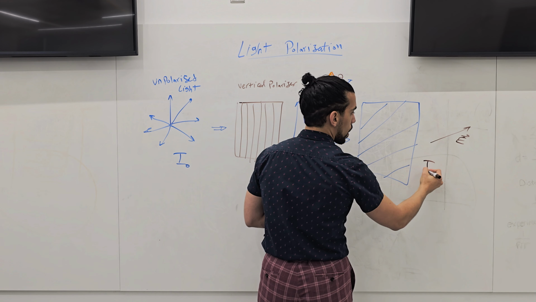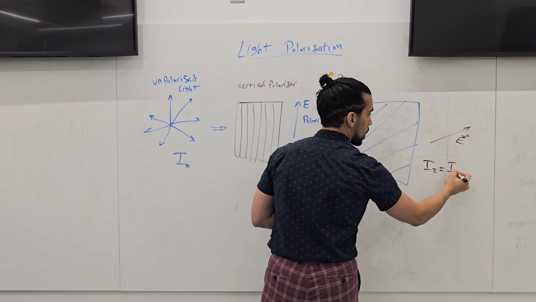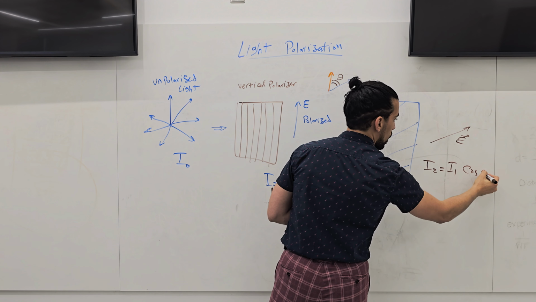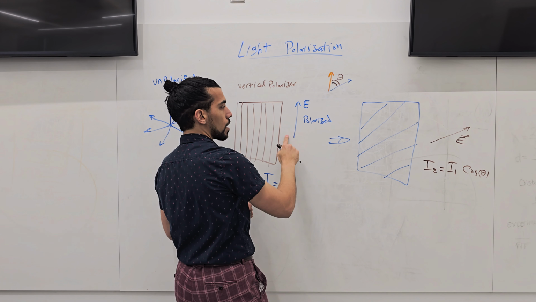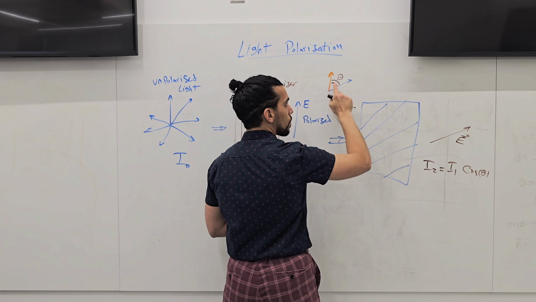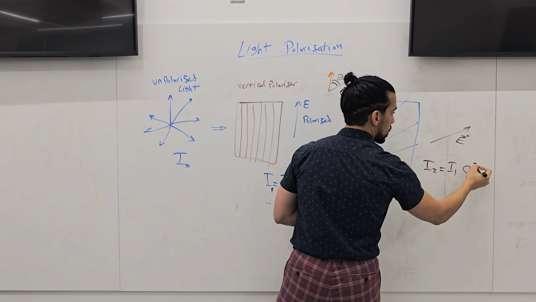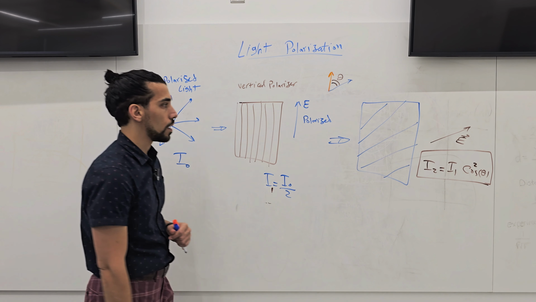So here I2 with this angle is going to be equal to I1 cosine theta, the angle between the polarized light here and the direction of the polarization here, squared. So this is the new intensity of the light.